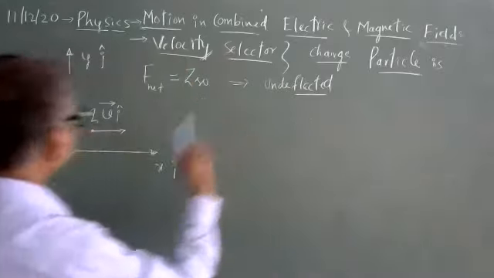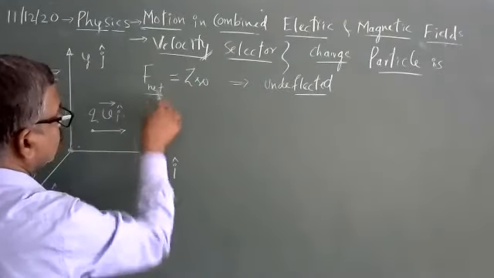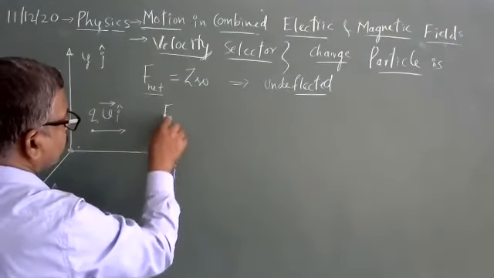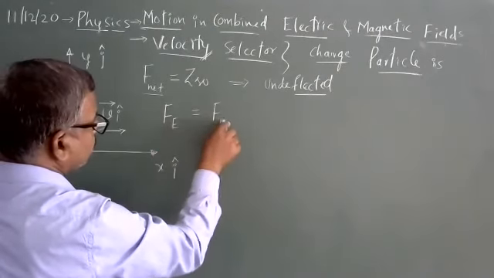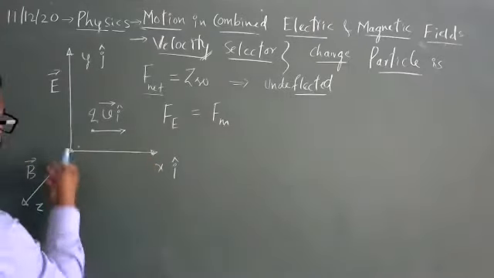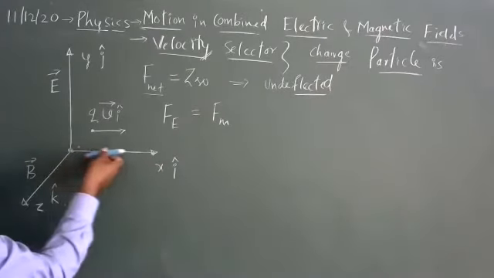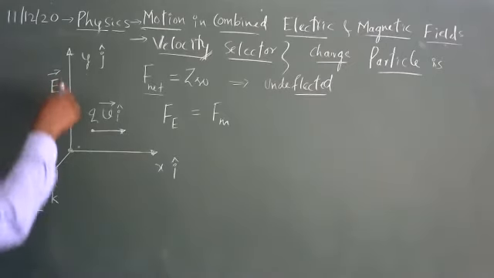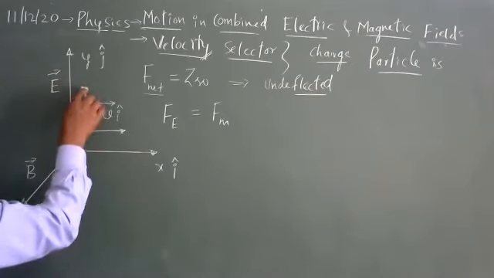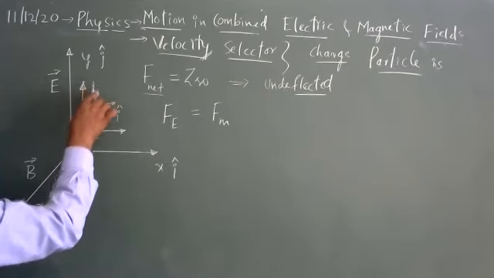Let me start the mathematical equation taking this into account. The two forces: electric force is equal to magnetic force. If the charge is moving along the i direction, and the electric field is along y, what is the direction of electric force? It is the same direction, Fe.